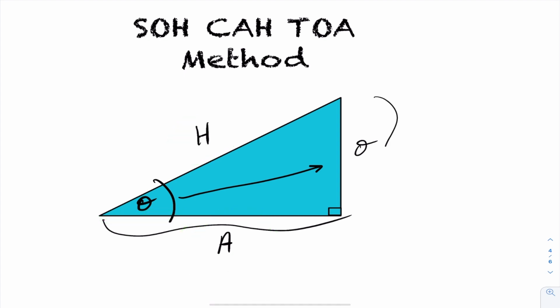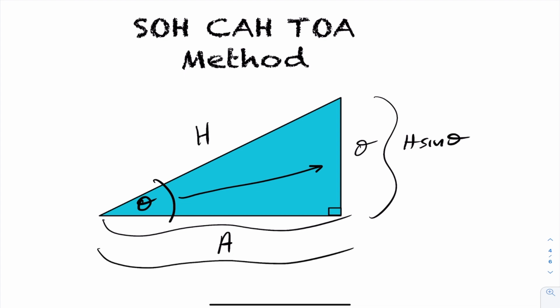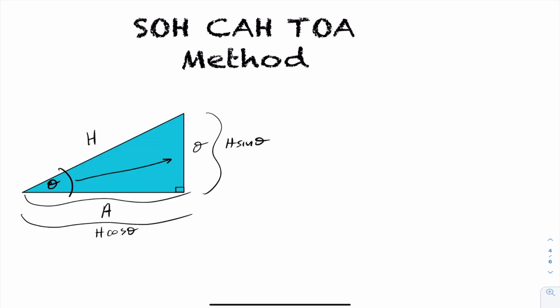Now, by definition, we know that this is going to be H sine theta. And by definition, I know this length, we have denoted with an A, but it is also H cos theta. So what can we do with this here? You'll notice from here we have our opposite equals my H sine theta.